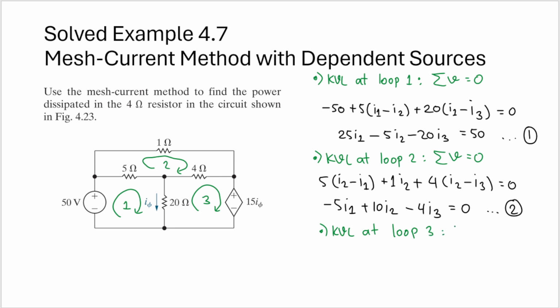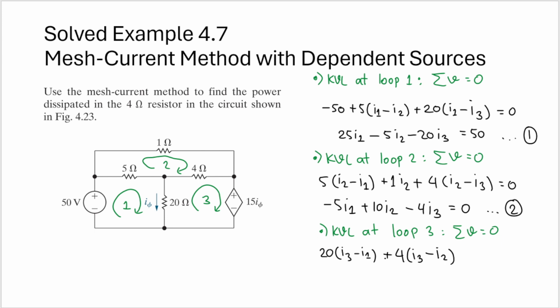KVL says that the sum of the voltages in a loop will equal 0. Let's start from that 20. So we will have 20. Now we are working on I3, so I3 first, but here I1 is flowing in the opposite direction. And then plus this one will be 4, again multiplied by I3, but there I2 is flowing in the opposite direction, so minus I2.